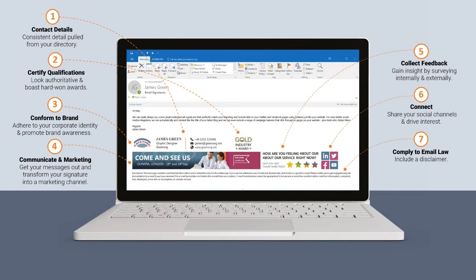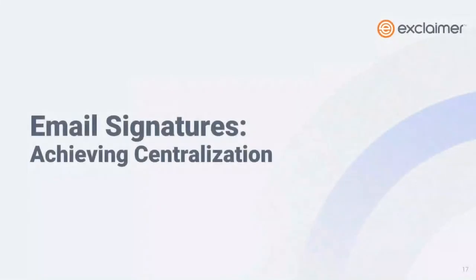I guess, really, in summary, centralization is crucial because it's within centralization that we realize the true nature of an email signature and its true potential. So how do we go about that? How do we achieve that centralization? Well, commonly, what we've encountered is three methods that companies try to achieve centralization.